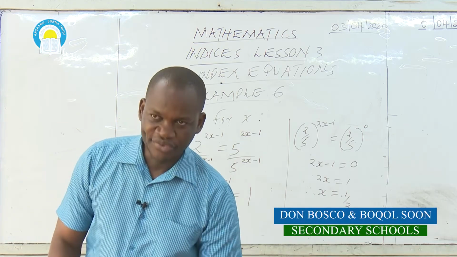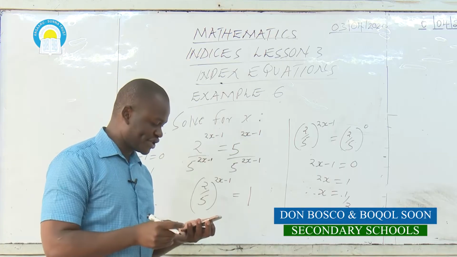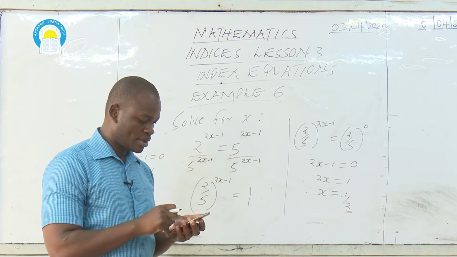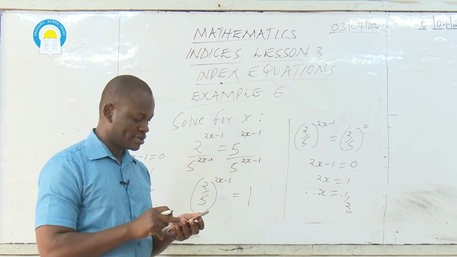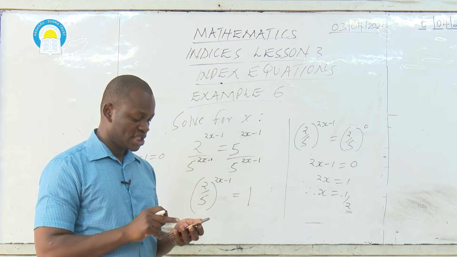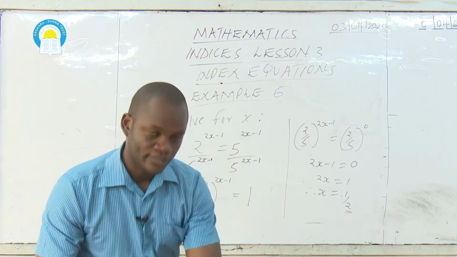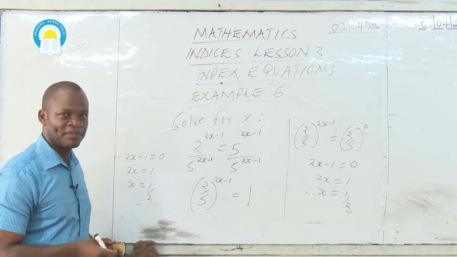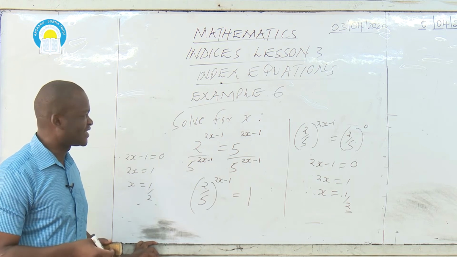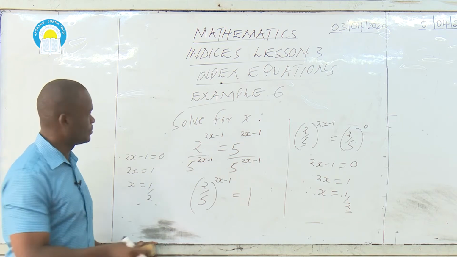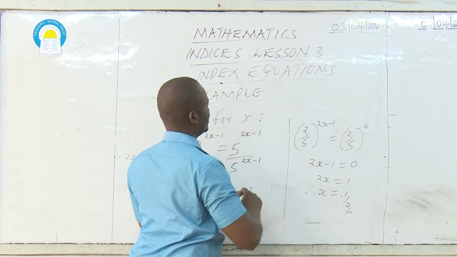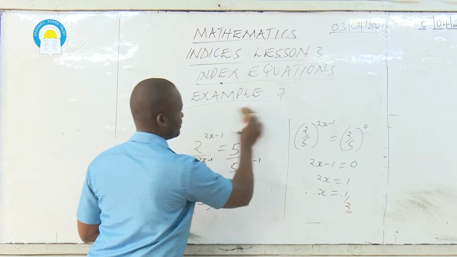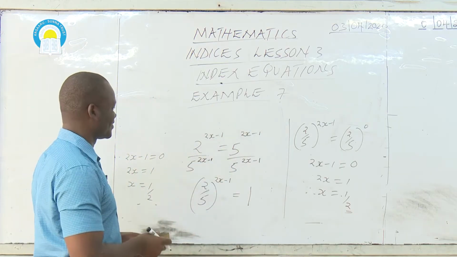So we are done with that question, and now we want to go to more complex questions. So we proceed to example number 7. Example number 7. This is the question. So I want to change the question now here.